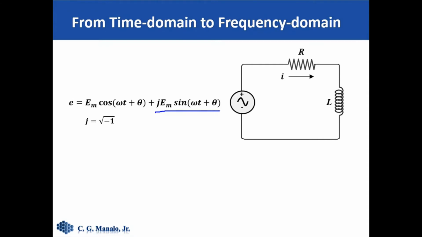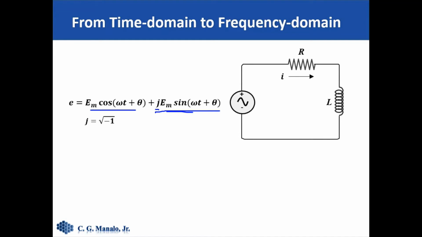This source is a bit different because while this source is a real number, this one is an imaginary source due to the fact that we have an imaginary number, j, which is equals to square root of -1. The reason why I selected an imaginary source will become evident later in this discussion.